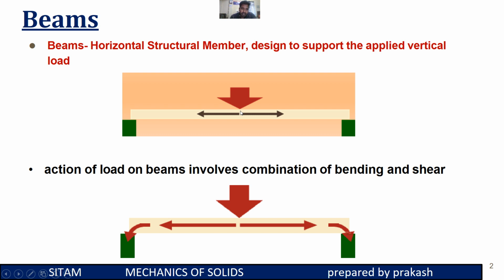By the action of load on this beam, it exhibits bending or shearing. So the two effects are developed in those beams by the action of the load.